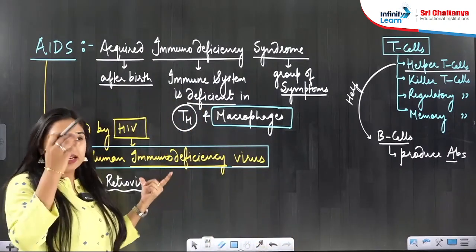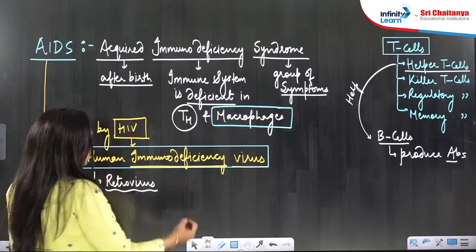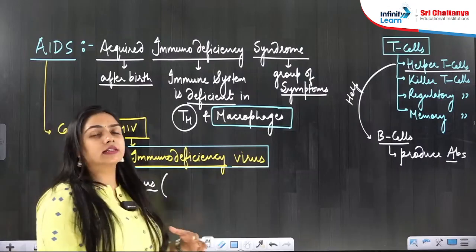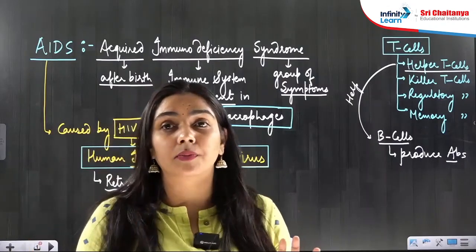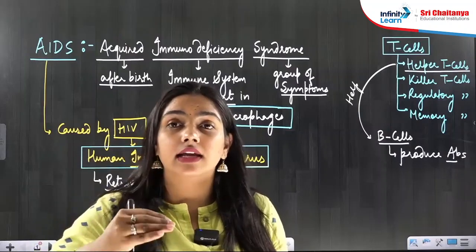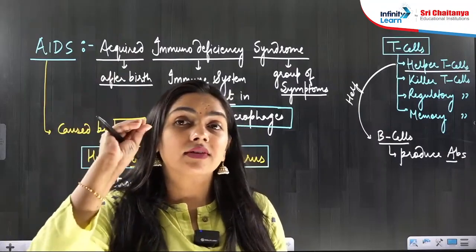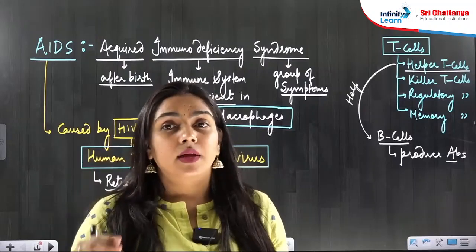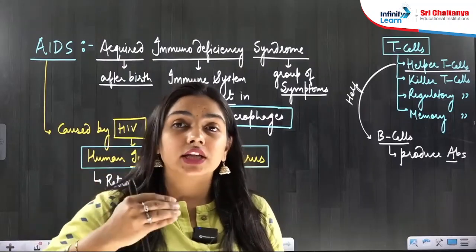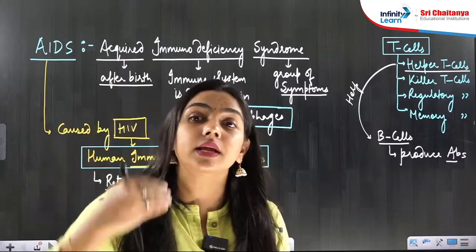I will tell you. Listen to me. Retrovirus is a family of viruses in which they have an RNA genome and they can change this RNA into DNA because they have a special enzyme for that. The enzyme will change the RNA into DNA, beta.